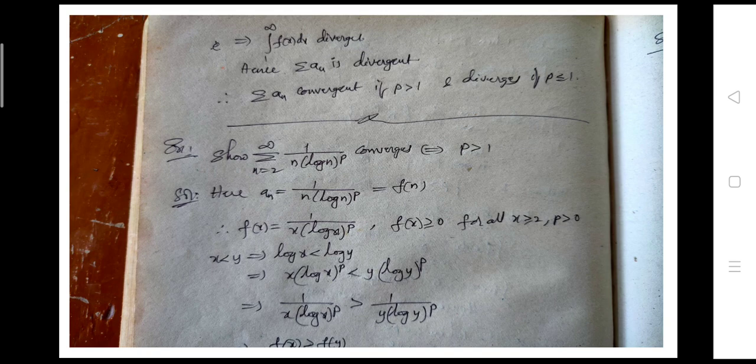Suppose x is less than y, this implies log x is less than log y, and this implies x into log x whole power p is less than y into log y whole power p, and this implies 1 by x into log x whole power p is greater than 1 by y into log y whole power p.